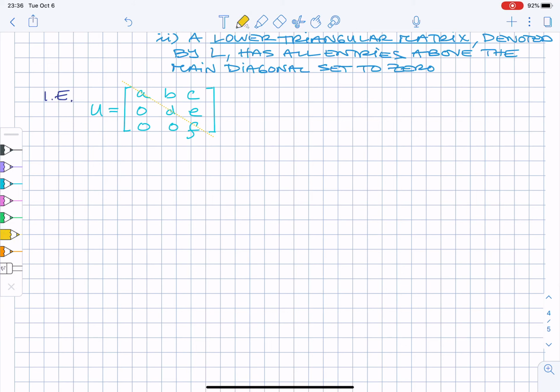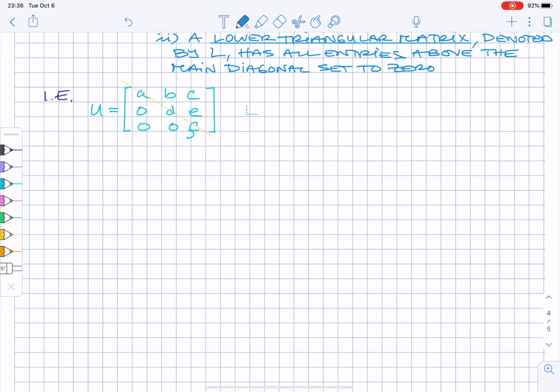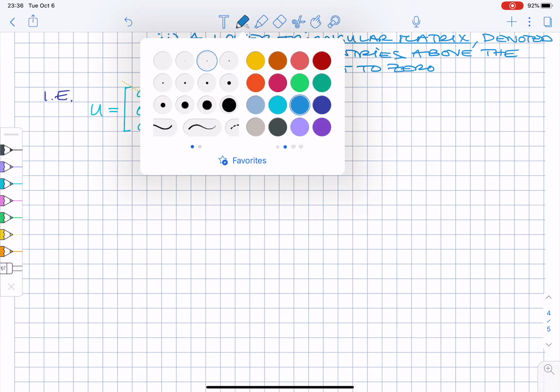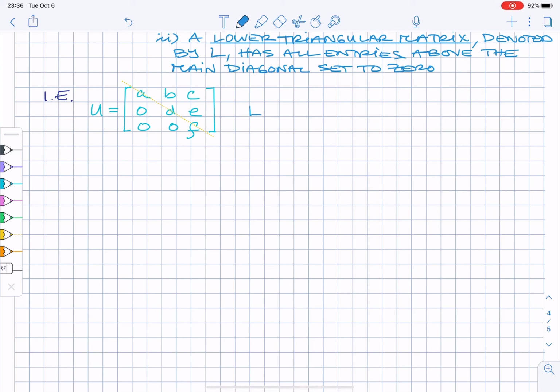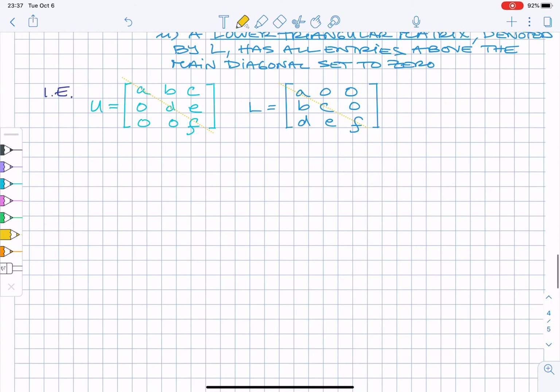And a lower triangular L would be defined analogously, meaning it would look something like so. A, 0, 0, B, C, 0, D, E, F, where all entries above the main diagonal are set to 0. Okay. And you'll see that in linear algebra if you get that far.